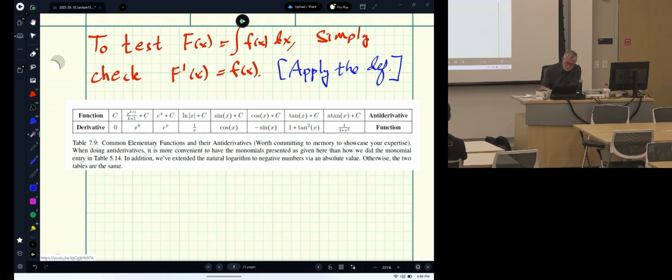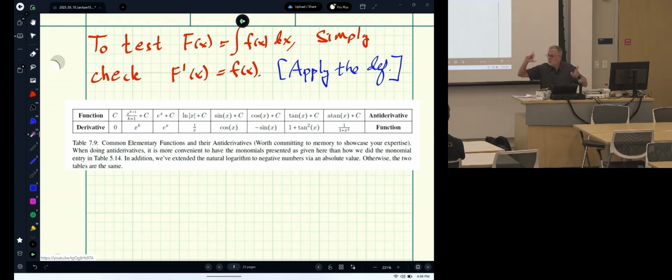The derivative of a monomial, you bring the power down and decrease by 1, etc. Exponential is its own derivative. If I start with the bottom row, anything in the top row I differentiate, I get the bottom row. That makes the top row an antiderivative if I think of the bottom row as the given function.